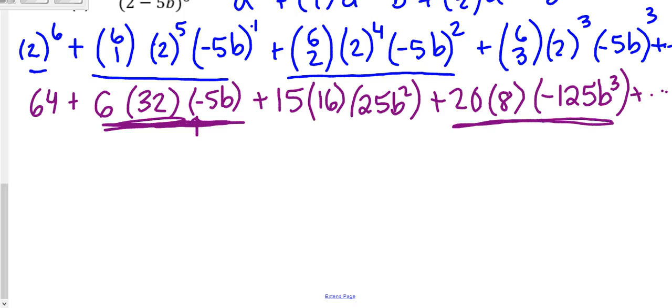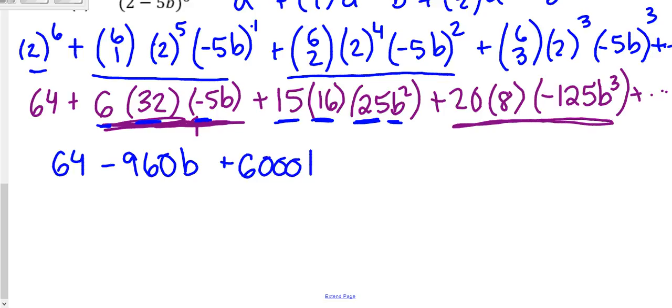So let's simplify this. Our 64 is not multiplied by anything, so that'll be part of our final answer. And then we have 6 times 32 times a negative 5. Negative 960 b, don't forget your variable. Second term, we have 15 times 16 times 25. 15 times 16 times 25 is a positive 6,000.